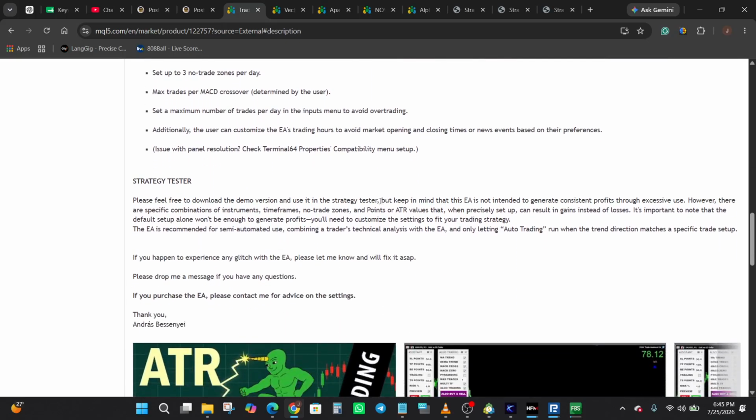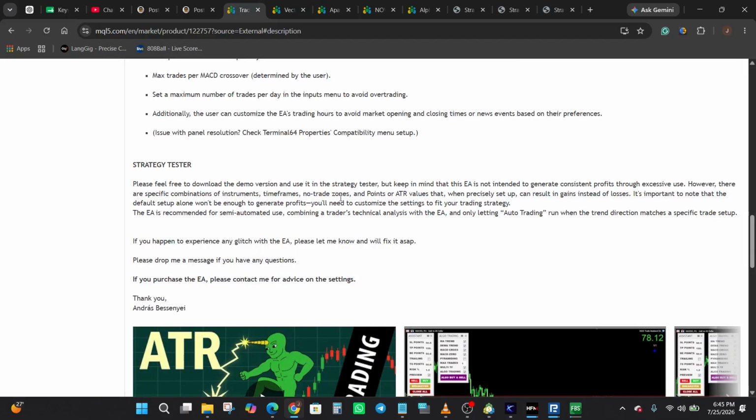All right, so now here is the important part before we get to the back test. The developer is explicit on the page that this tool is not designed to generate consistent profits through default out of the box use. Okay. Specific combinations of instruments, time frame, no trade zones, and points or ATR values can produce gains when precisely configured, but the default setup alone is not built to be profitable on its own.